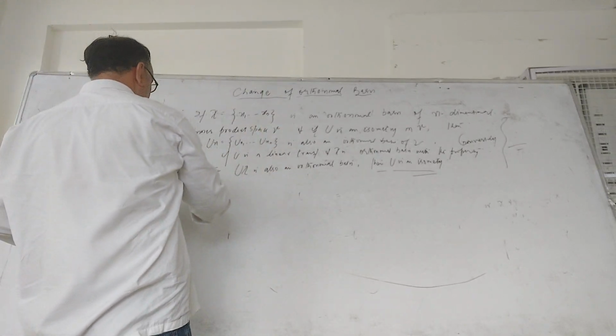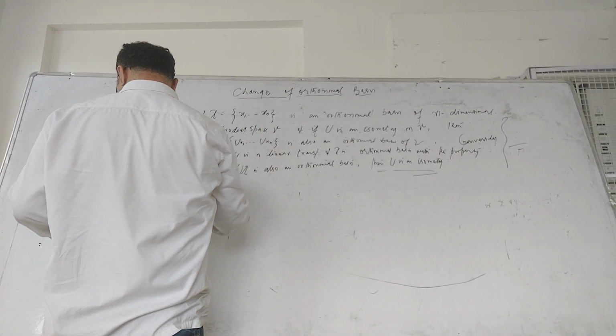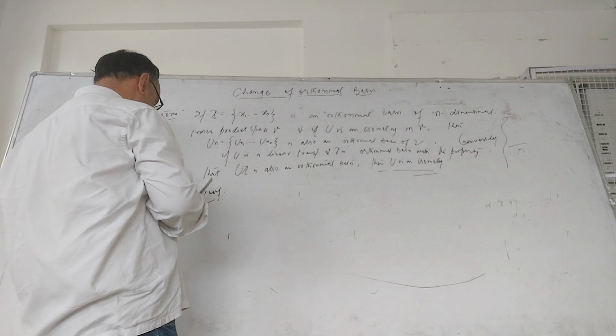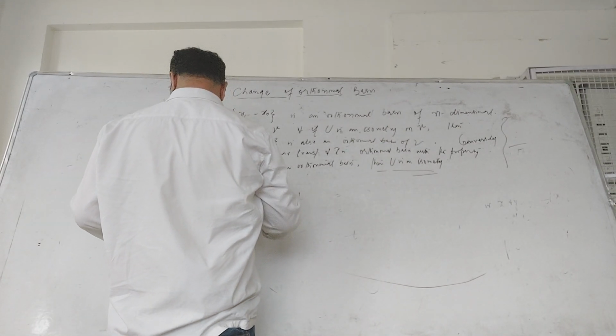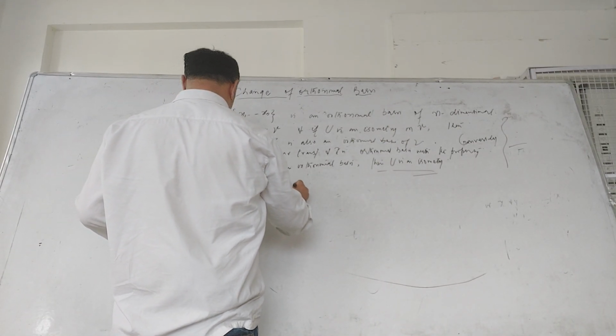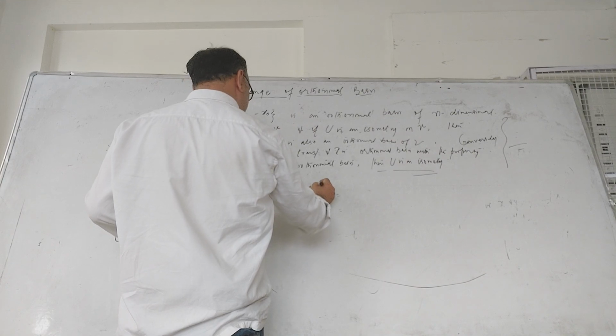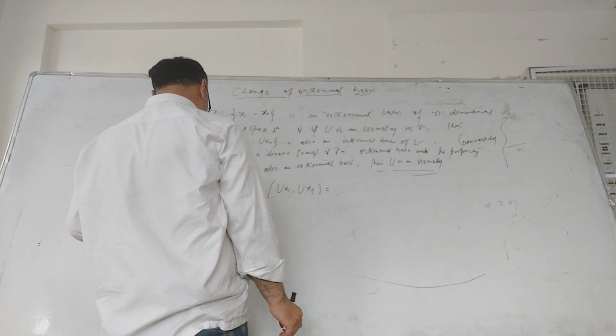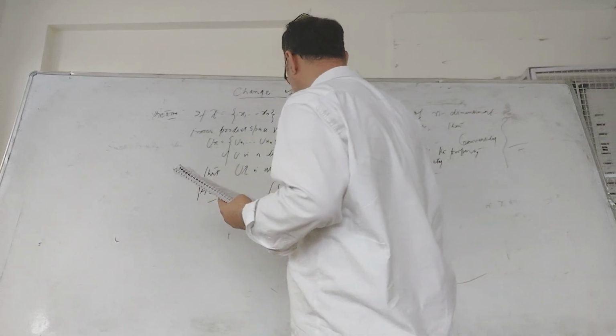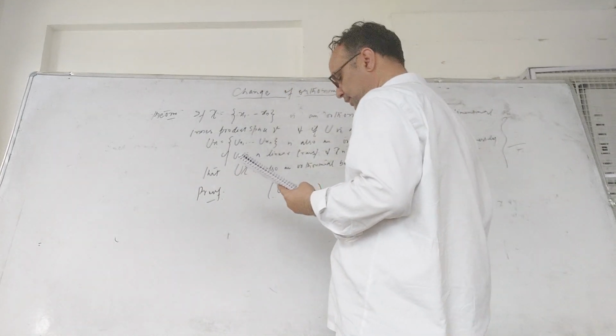And the proof is again not that complicated. You have Uxi defined, and U is defined as an isometry.